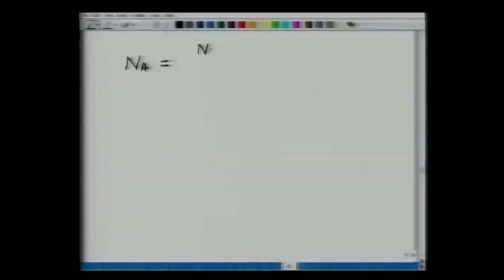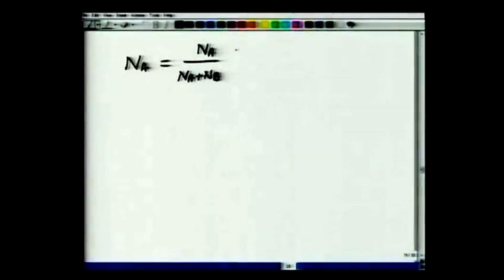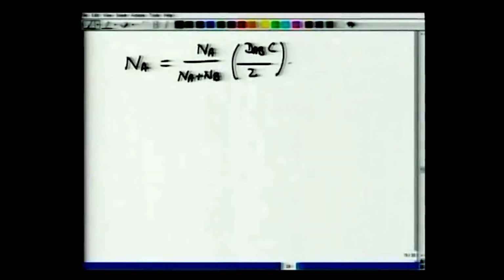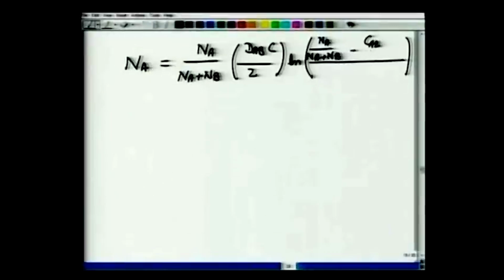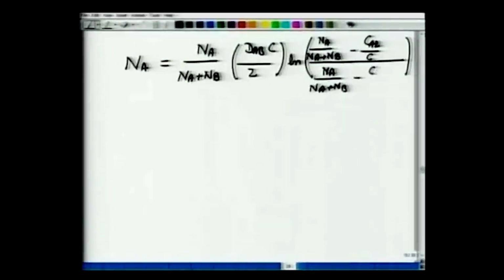It's very easy to obtain a general expression for NA: NA over NA plus NB equals DAB C over z times ln of NA over NA plus NB minus CA2 over C, over NA over NA plus NB minus CA1 over C.